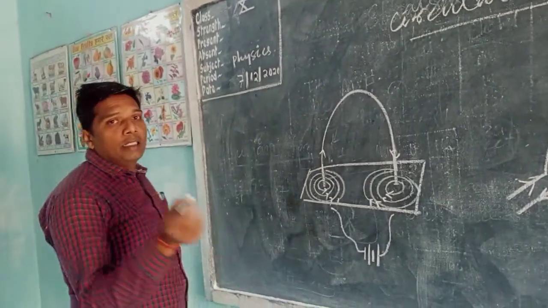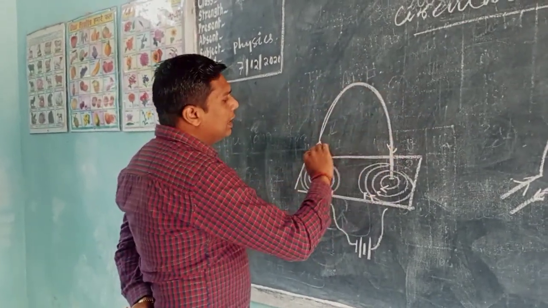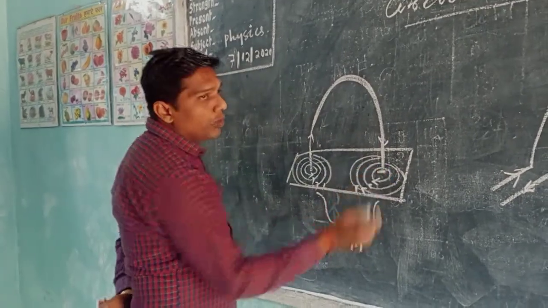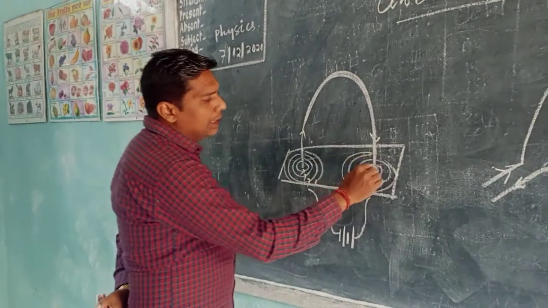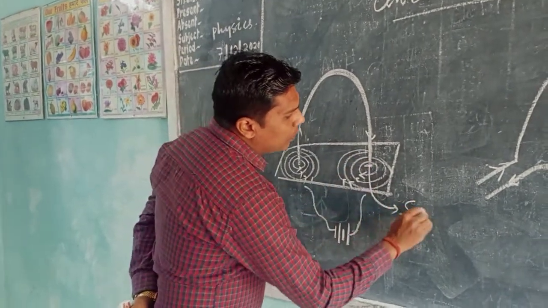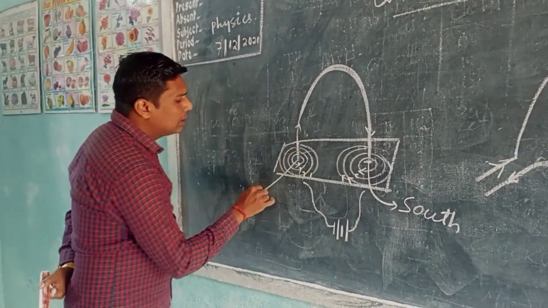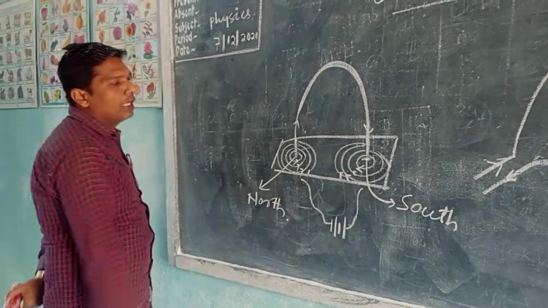So when the current is entering here, see here, current is entering, that side of the conductor is known as the south pole. Then the other is known as the north pole.